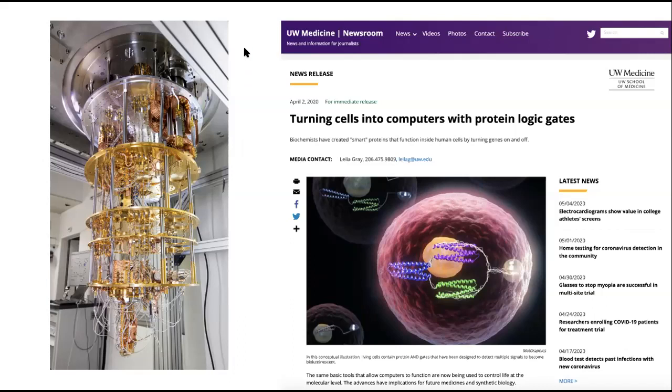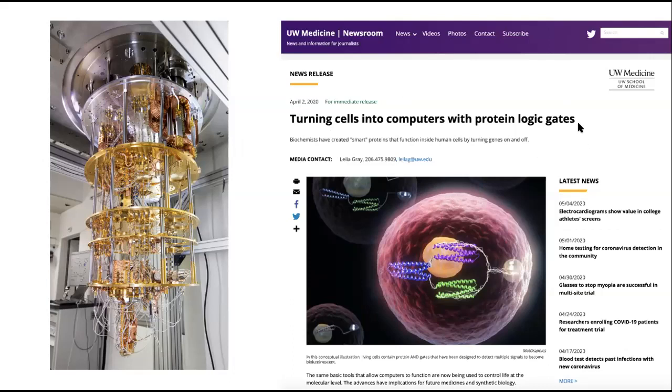If not quantum computing, how this works in artificial intelligence and computing, or biological computing. Some of the most exciting work being done at UW right now is figuring out how to make cells, tissues, biological materials do logical computations and perform these exact same gates, these operations.